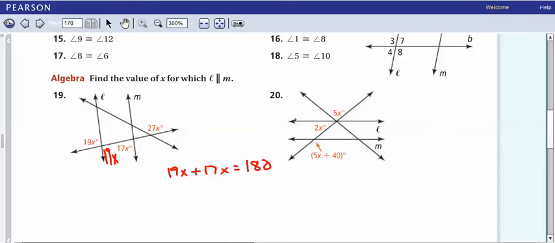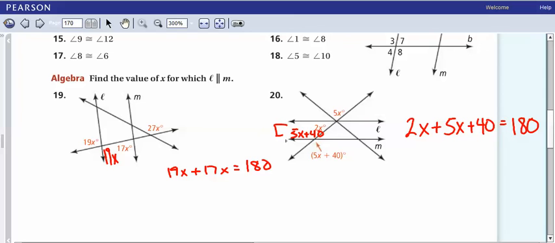For L to be parallel to M right here, if this is 5x plus 40, what is this? 5x plus 40. What do you know about these two angles? What has to be true for L to be parallel to M? They have to be supplementary.